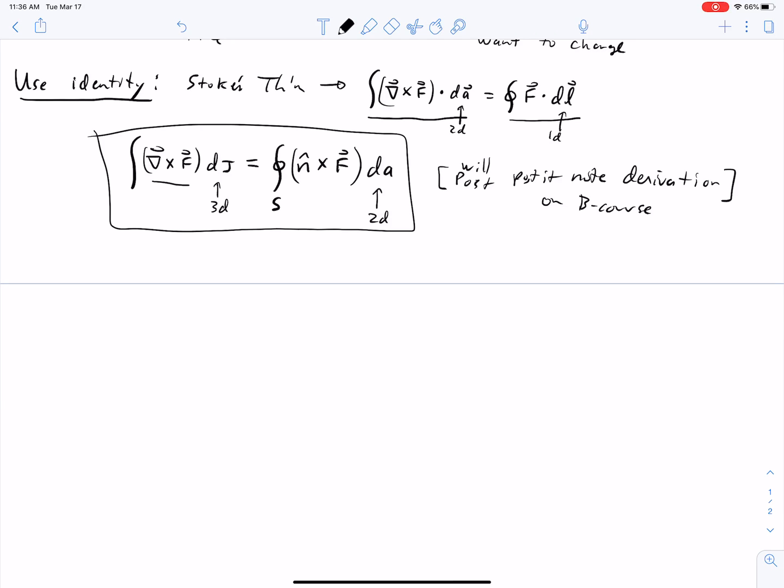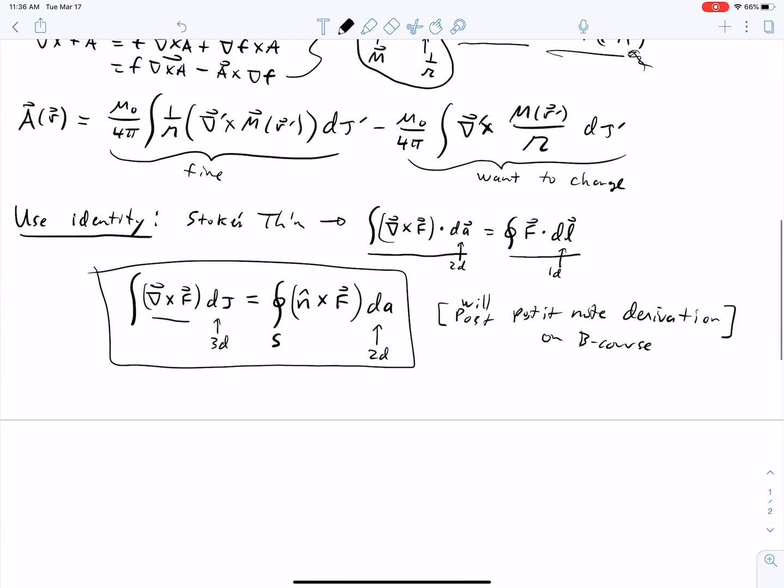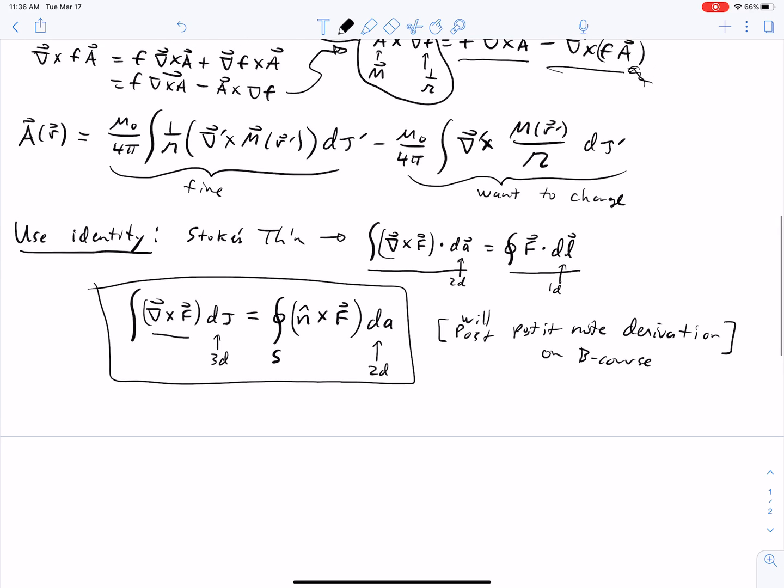Okay, but now let's take this vector identity and apply it to this guy here, because see how I have del cross f d tau. Here I have del, and this could just be del prime, of course, it doesn't matter. So now I have del prime cross m over r, and that is my f.